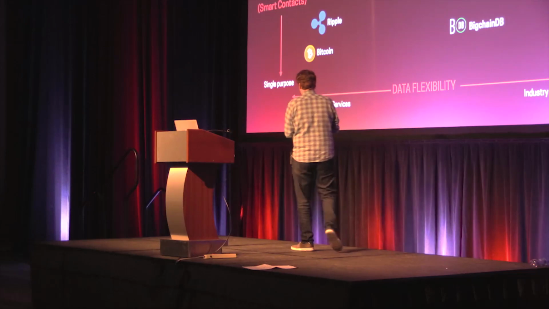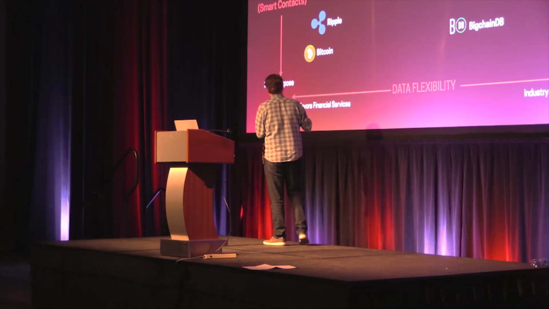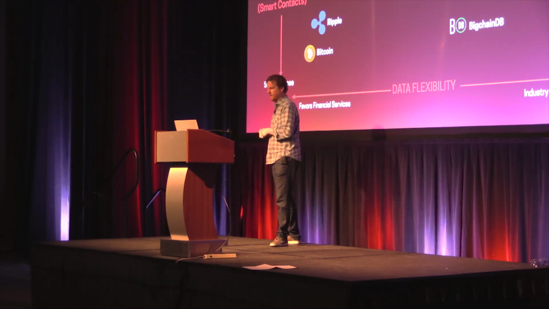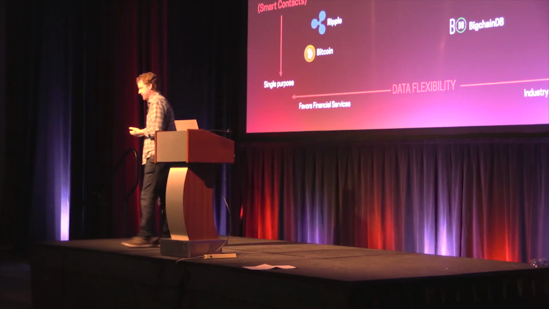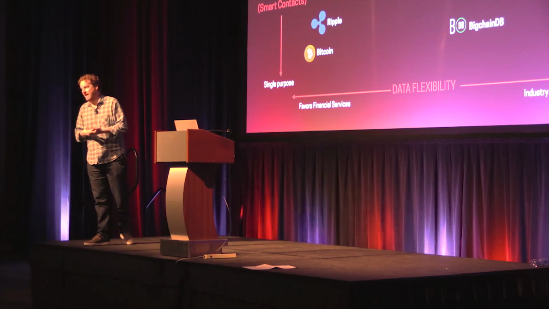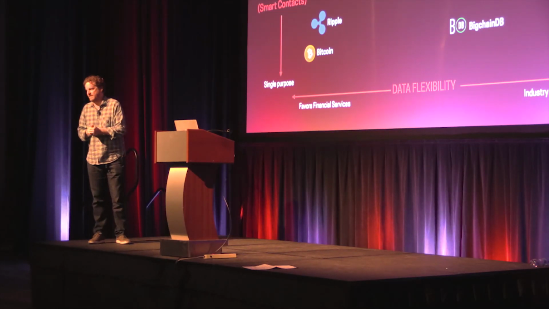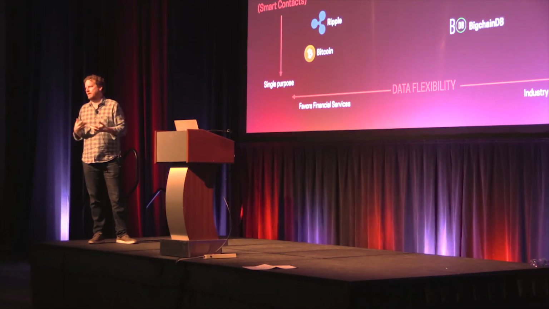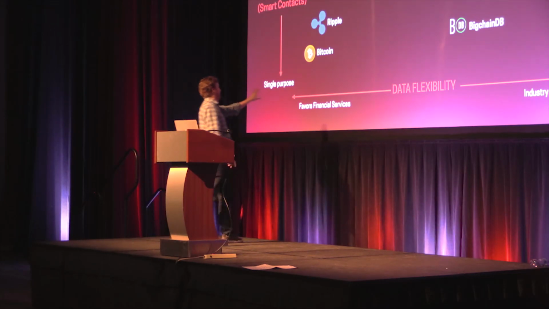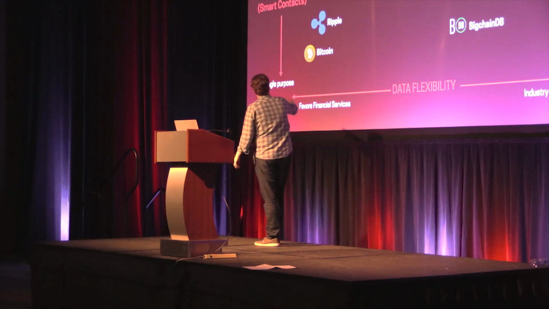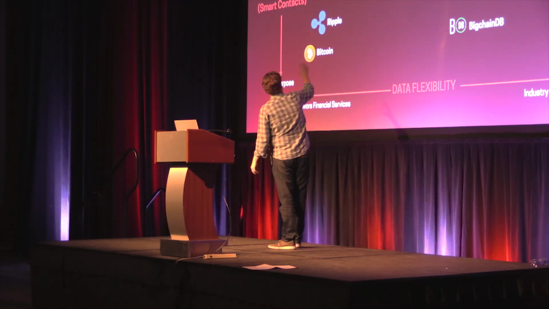Most of our initial blockchain use cases, of course, are financial services oriented, just makes sense. Things like digital currencies, and digital asset tracking and transfers. These are just initial, easy, hit it out of the park examples. So you tend to see them more in this single purpose, not as flexible sort of system.